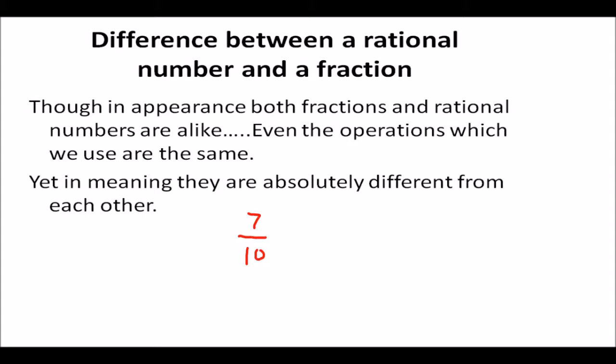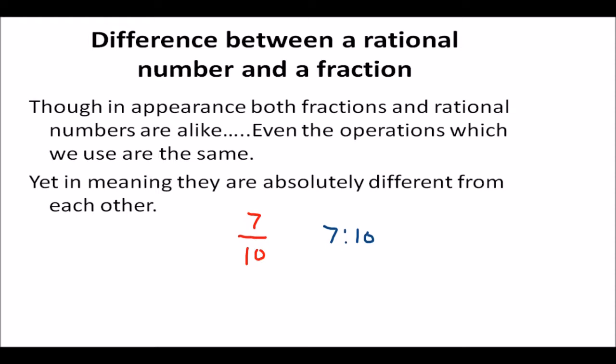But if we look at this number as a rational number, it means a ratio between 7 and 10, where 7 and 10 are two different numbers and we are writing a ratio between them. Now 7 is to 10 and 7 out of 10 are two different things. So there is a big difference between a rational number and a fraction.